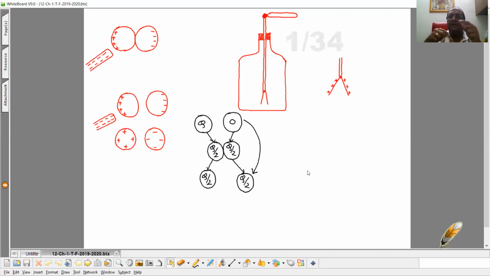But if we take this plastic rod rubbed with fur close to the glass rod rubbed with silk, then we can observe they attract each other. And if this plastic rod rubbed with fur and glass rod rubbed with silk are touched to each other, then if separated and placed close to each other, there is no effect of any type of force.